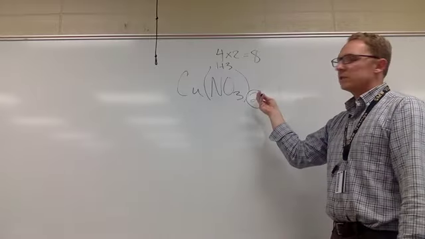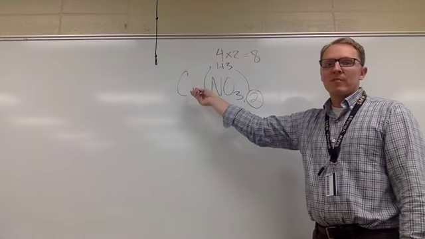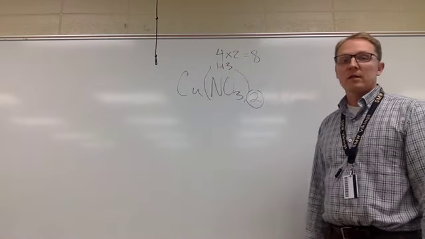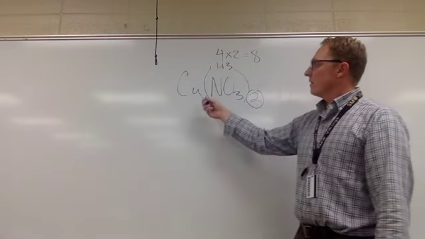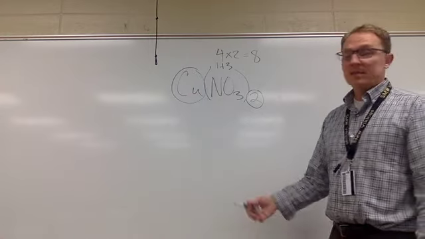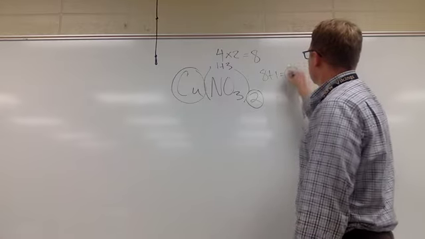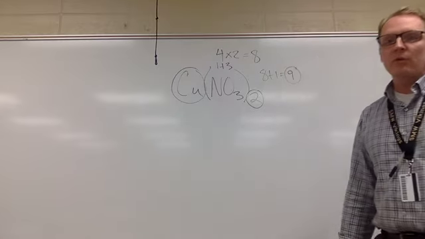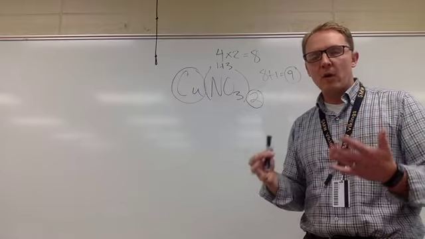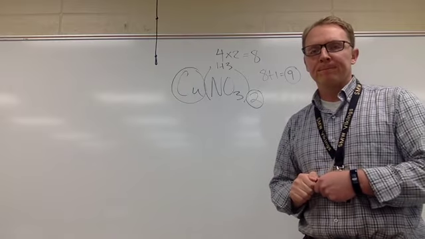Remember, this little 2 subscript does not apply to the stuff on the outside of the parentheses on the other side, just to the parentheses to the left of it, okay? So at the very end, we do have to add in this 1 copper atom that has been sitting there the whole time. So 8 plus 1 gives us an answer of 9 total atoms, okay? Once this clicks, it's a pretty easy skill, but you've got to know it. You've got to understand it. It's going to come in handy along the way.